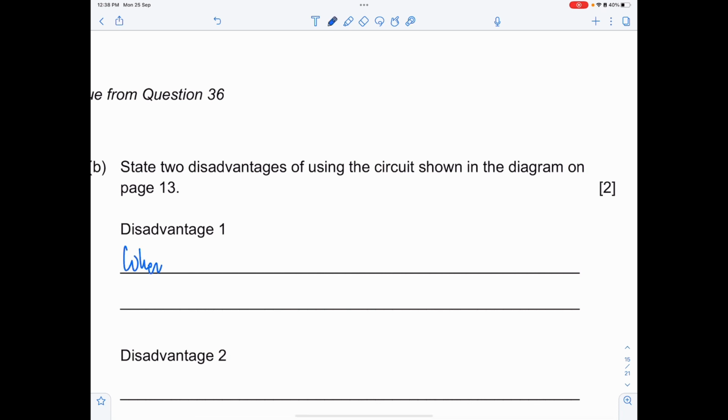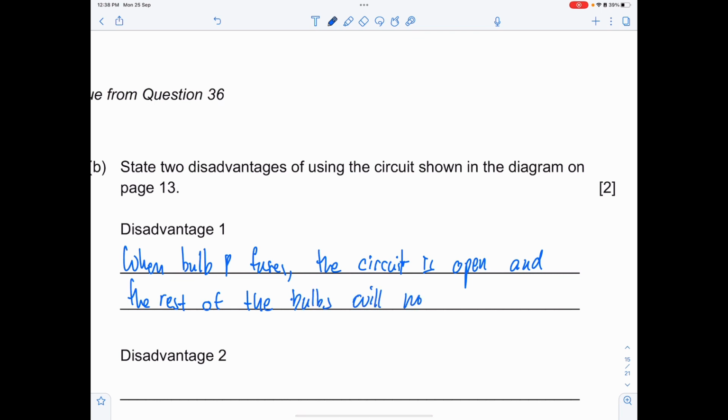So when bulb P fuses, the circuit is open, and the rest of the bulbs will not light up.